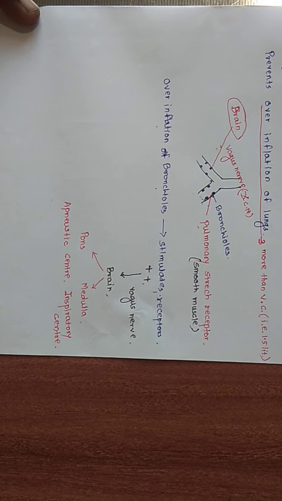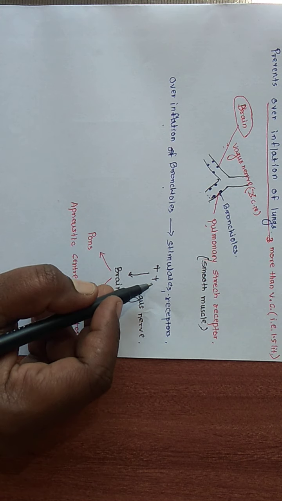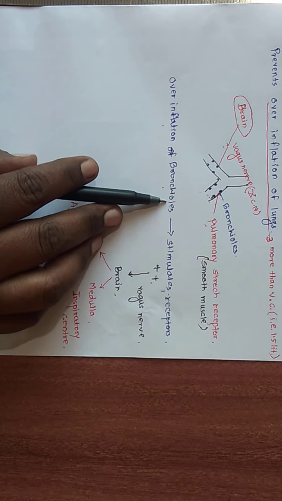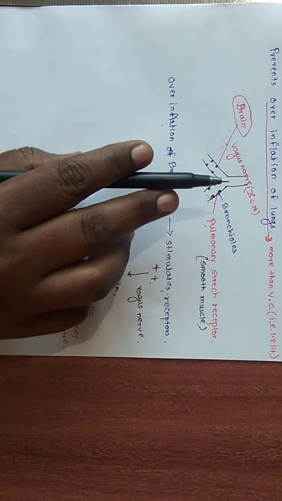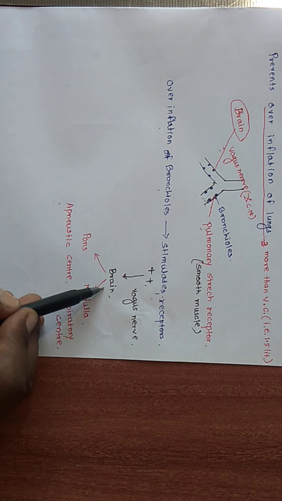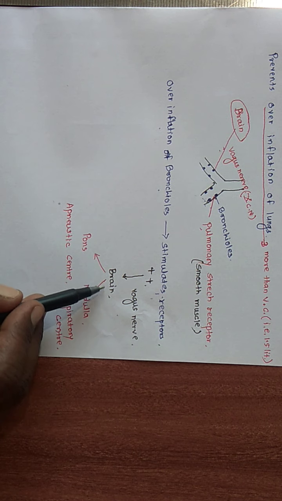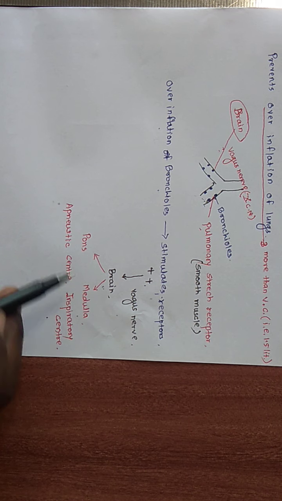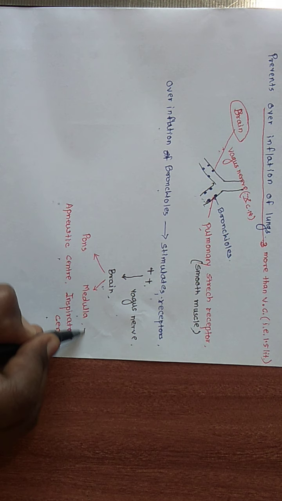So what happens? When the bronchioles get overinflated, it stimulates the receptors which are present in them. Then this stimulus is carried towards the brain via the vagus nerve. In the brain, the inspiratory center is present in the medulla oblongata, and the apneustic center is present in the pons.